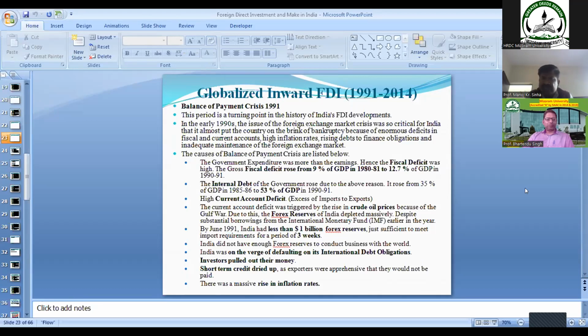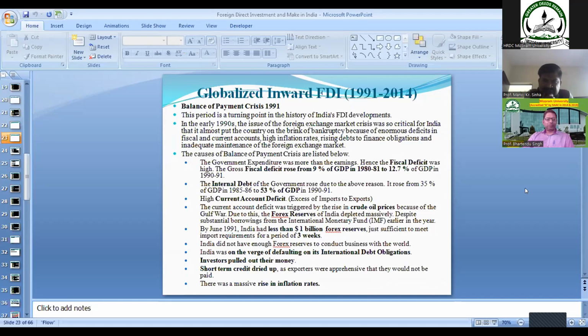Due to the current account deficit, crude oil prices also increased because of the Gulf War. Foreign exchange reserve depleted massively, and by June 1991, India had less than $1 billion of foreign reserve, just sufficient to meet the import requirement of 3 weeks.